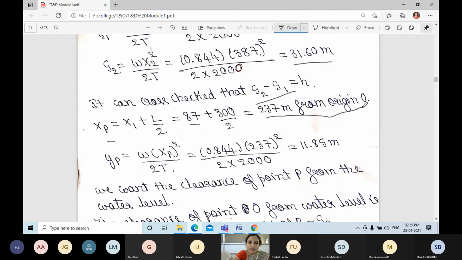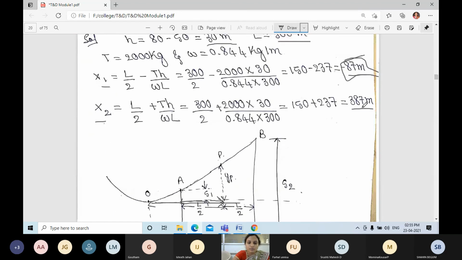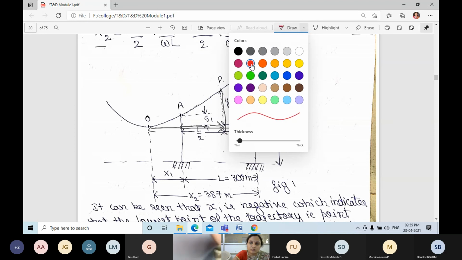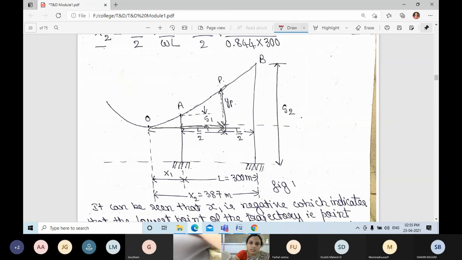Now you have understood that here they have found out the P coordinates. This is yp, and from here to here is xp.